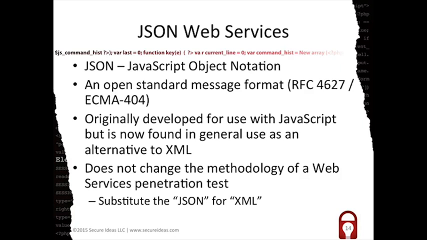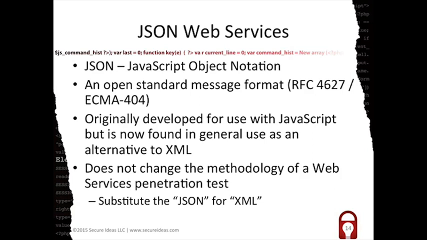It has evolved a little bit to now be used as a general alternative to XML. It's used in a lot of places, and I think most of the reason is that it's more concise than XML because you don't define tags, and it's also easier for people to read. When you see a message put together using JSON, it's a lot easier to interpret what it means.